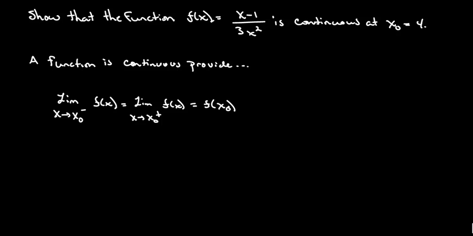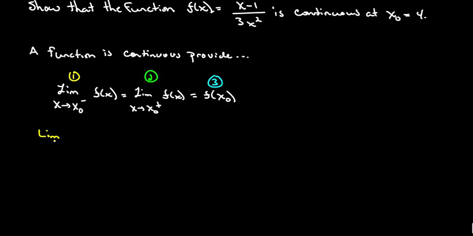So here's what we have to do. We have to show that not only do the left and the right limits give you the same value, but also that the function value is equivalent. So let's go ahead and figure each of these out. We'll call this one part 1, we'll call this one part 2, and we'll show that this is part 3. So let's go ahead and work through that.